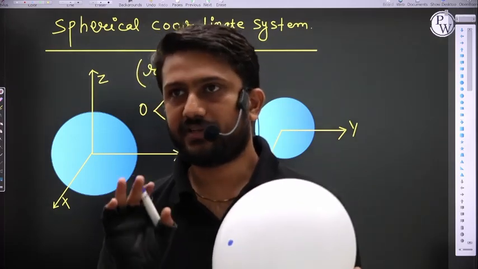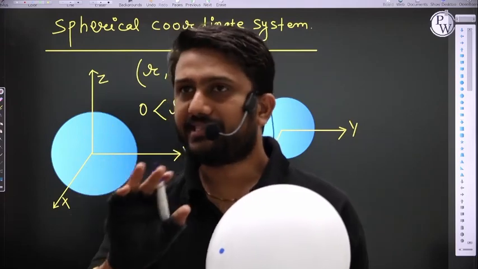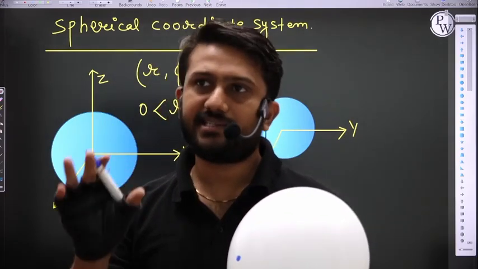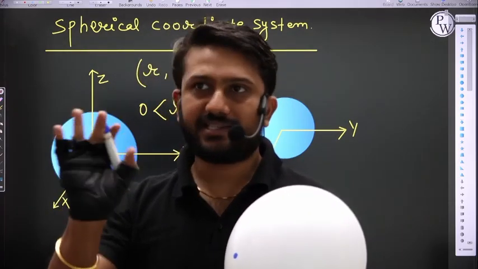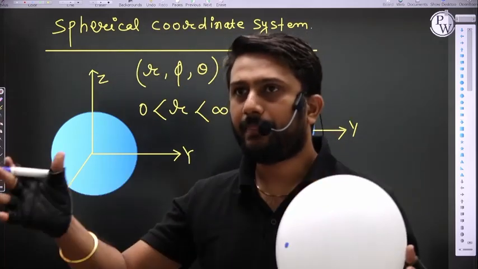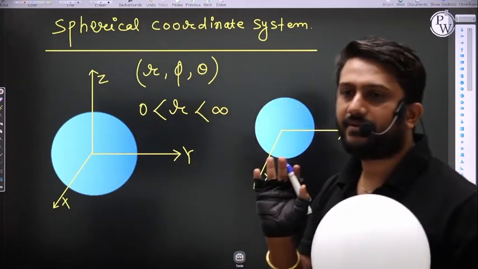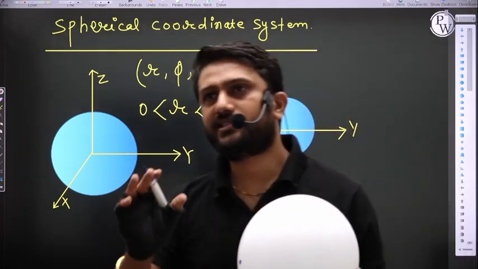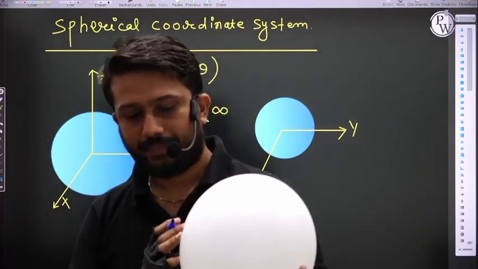First understand, the radial distance, the radius, is required. This sphere may be of radius 10 centimeter, 20 centimeter, 50 centimeter or whatever it is. So first fix the radius. What is the limit of the radius? The radius limit is 0 tends to infinity. Is it fine? Okay.